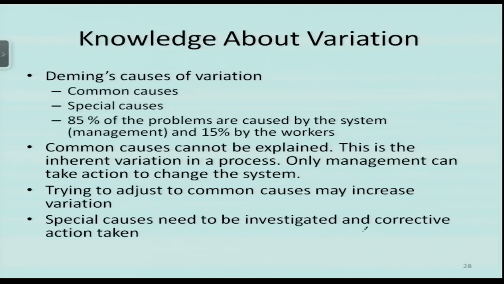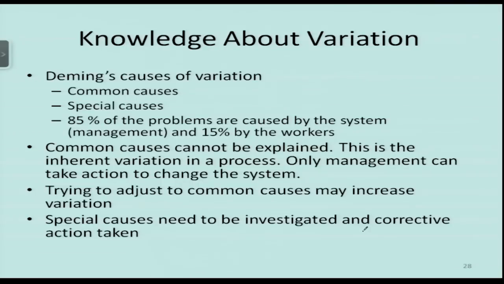And anytime you have variation in the system, Deming said that 85% of the variation, and the problems caused by it, are caused by the system, which can only be affected by management. Only 15% of the variation and problems on the shop floor are due to something that workers actually do.